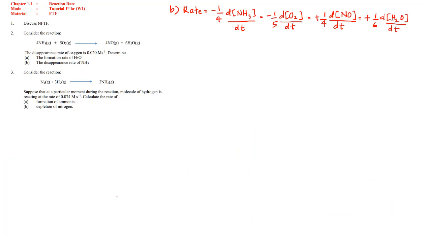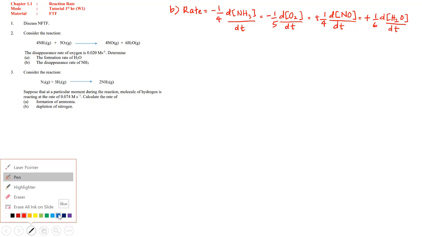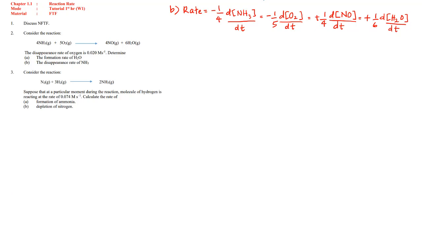Alright, same method to solve question 2B. Okay, where you are going to calculate the rate of disappearance of ammonia. Since given to you in the question is the rate of formation of oxygen gas, you are going to compare the rate of disappearance of ammonia with the rate of oxygen gas, which is given in the question.